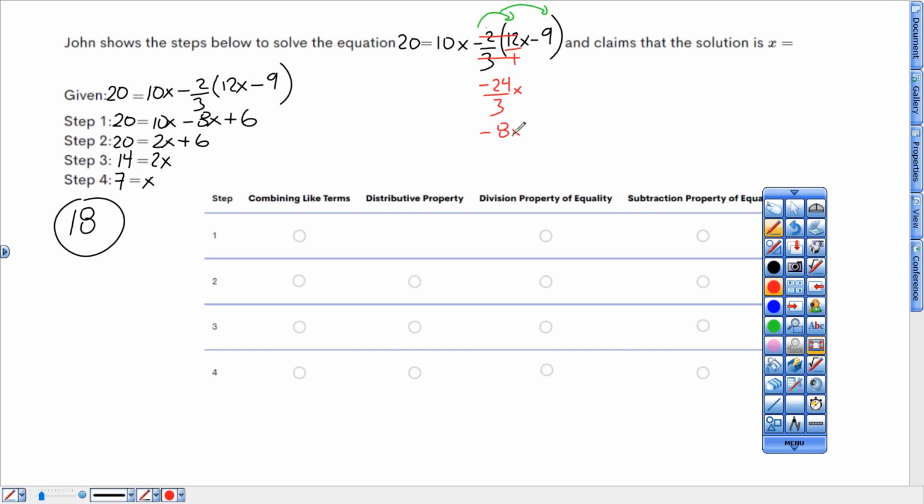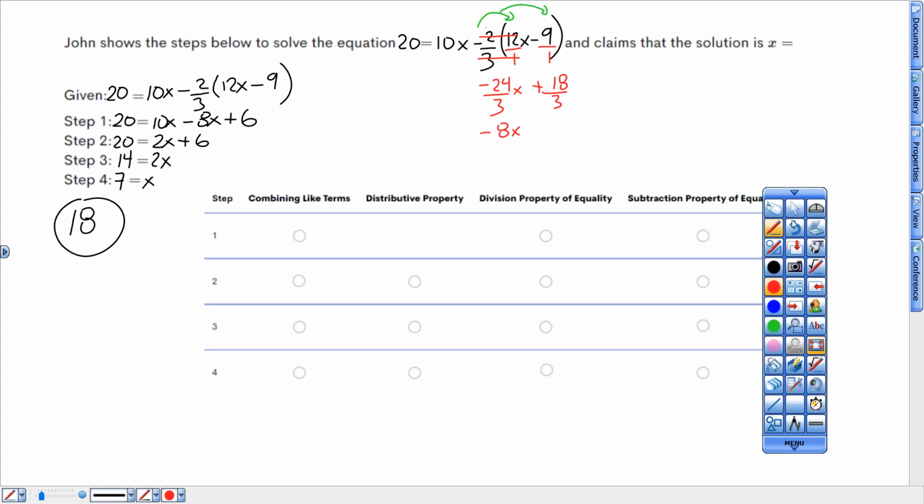That's where that negative 8x is coming from. And then timesing by this 9 here, that would be positive, because I'm multiplying negative 2 times negative 9 would be 18 over 3 if you just did it straight up. And that's where I'm getting my 6. One way of doing it, multiplying straight up.